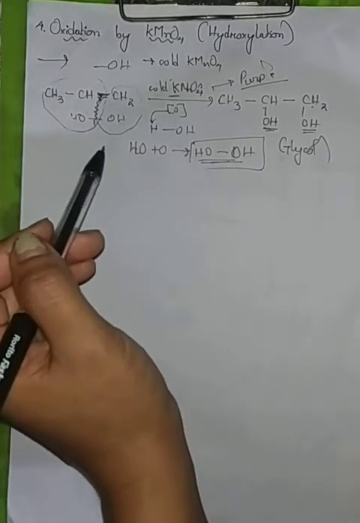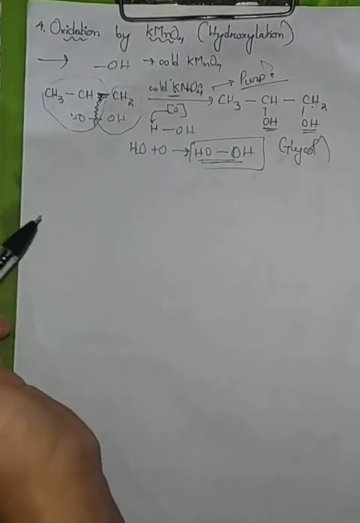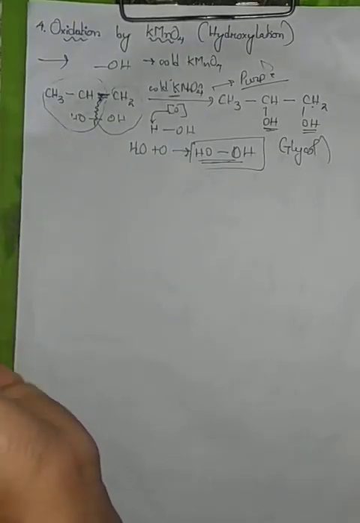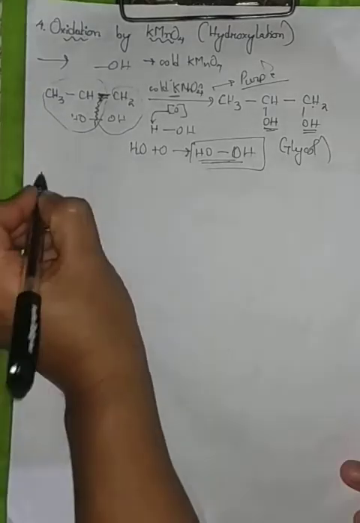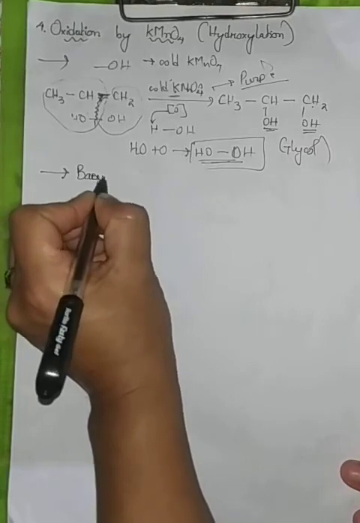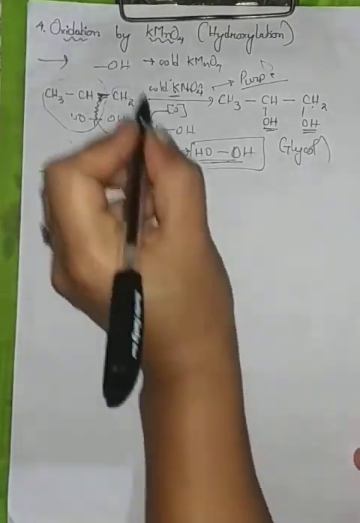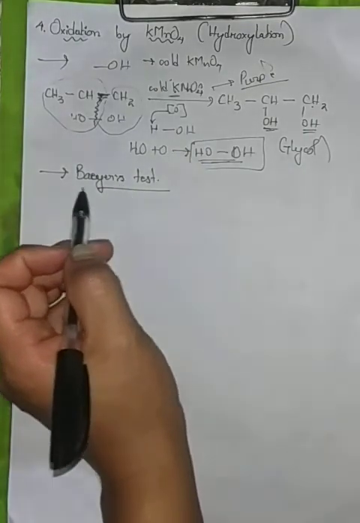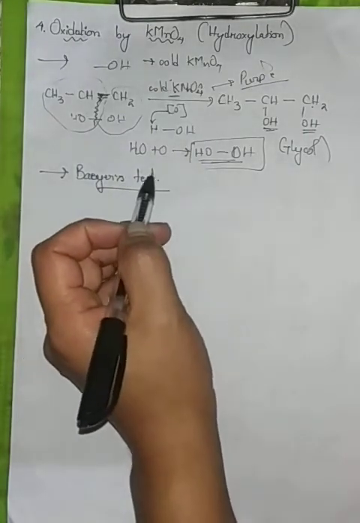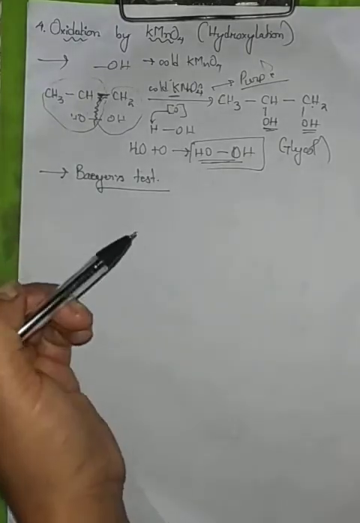Therefore this reaction is used as a laboratory test to identify the presence of double bond, that is alkenes, in a reaction mixture, and this reaction is also known as Baeyer's test. Therefore KMnO4 is used for identification of the presence of alkenes in a mixture.